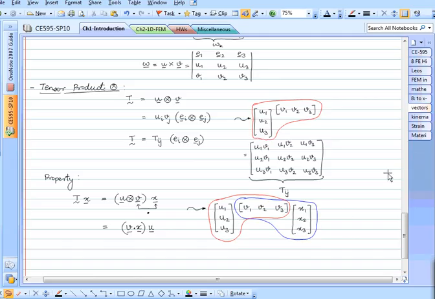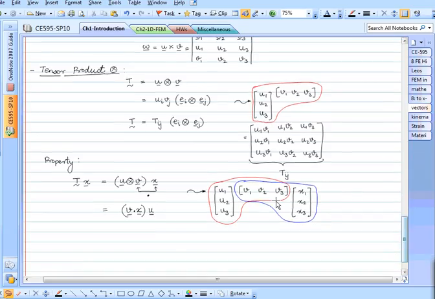So the important property about this tensor product is, again, going back to the same thing. A tensor is a quantity that acts on a vector to produce another vector. So if I take the tensor T, it acts upon this vector X. What is the vector that it produces? That's the question that I'm asking.